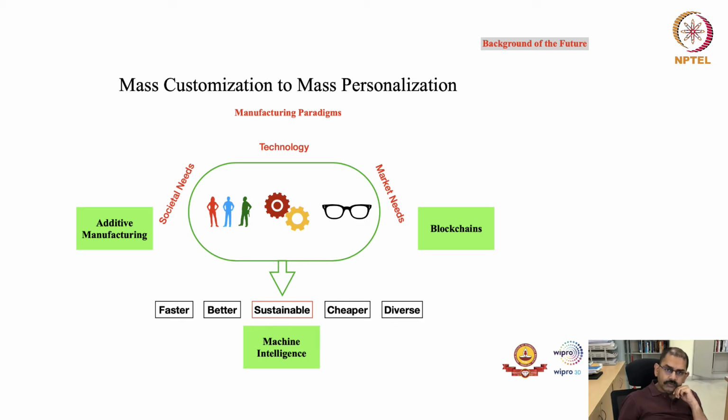Can we think of additive manufacturing as a technology? Can we think of blockchain to make the supply chain more and more transparent? Can we have machine intelligence available maybe on a platform which allows us to forecast what is the market need?